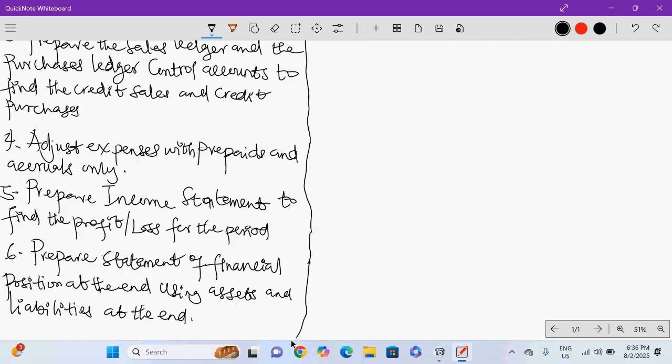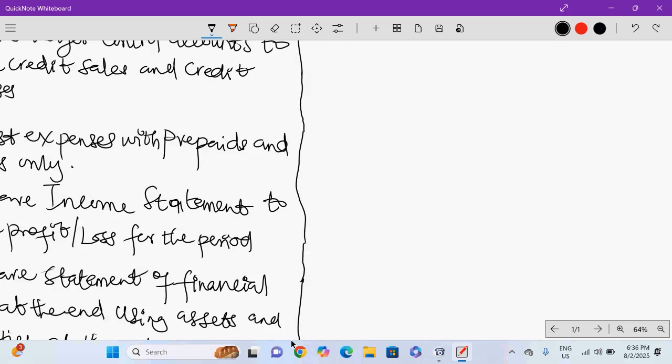So how different is this from the not-for-profit making? That one is 8. Here it is 6. So what is missing here? That is the preparation of the income and expenditure. Income and expenditure is missing here, right? What other thing is missing here?